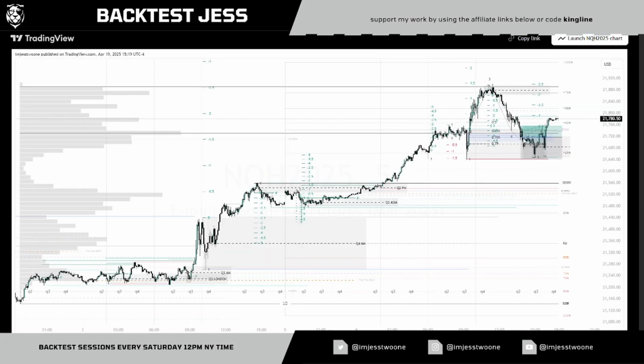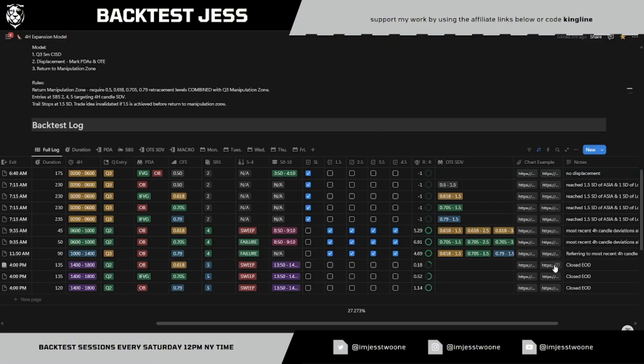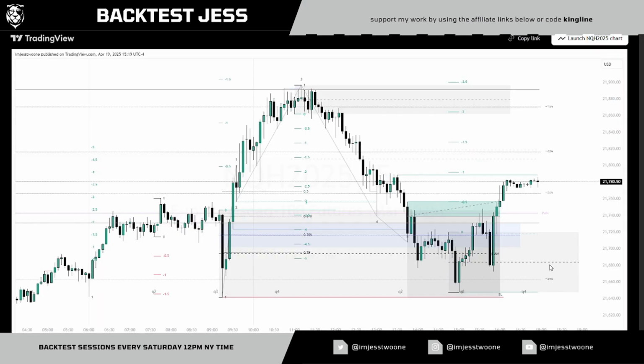So the entry occurred. Do I have a bigger chart? Yeah, okay. So the displacement happened here and we were returning to this zone. So this is where the entry actually occurred. It was technically, I think, prior. Oh, wait, hold on. This is the entire zone.